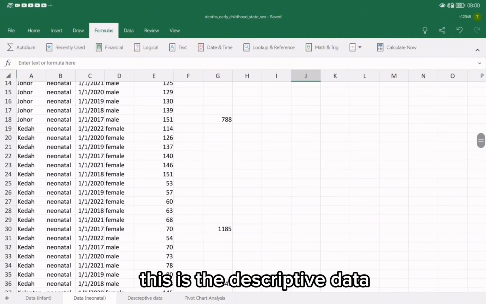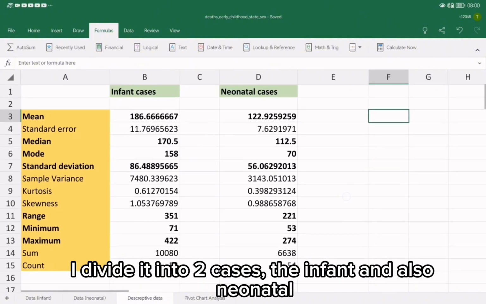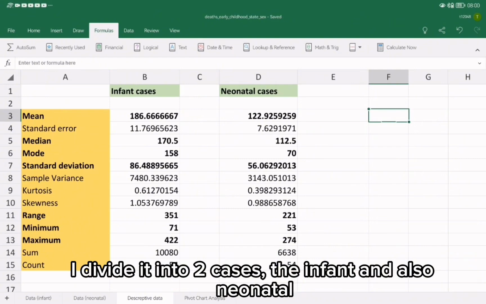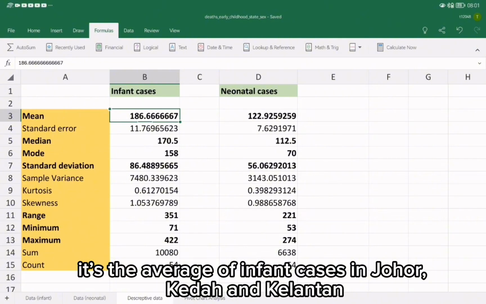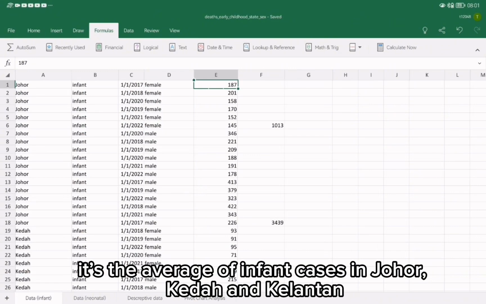So this is the descriptive data. I divided it into two cases, the infant and also neonatal. The mean for infant is 186.666666667. It is the average of infant cases in Johor, Kedah, and also Kelantan.